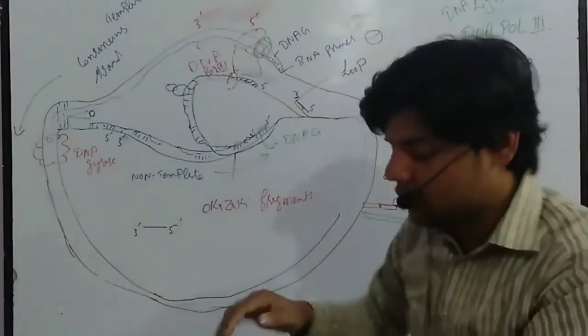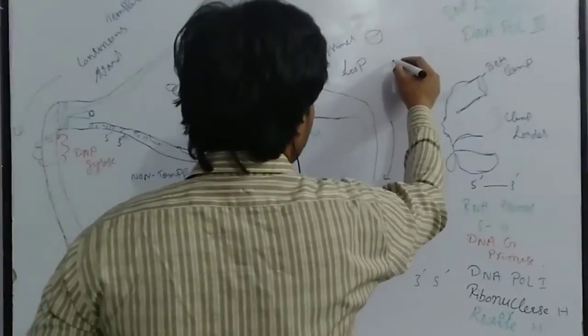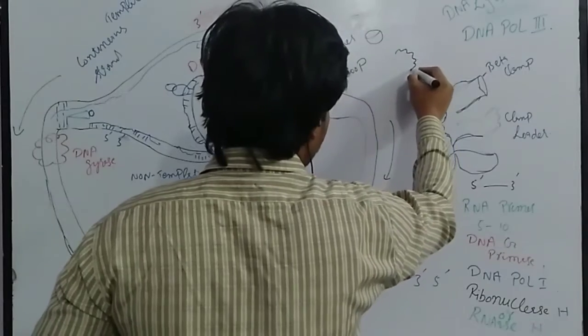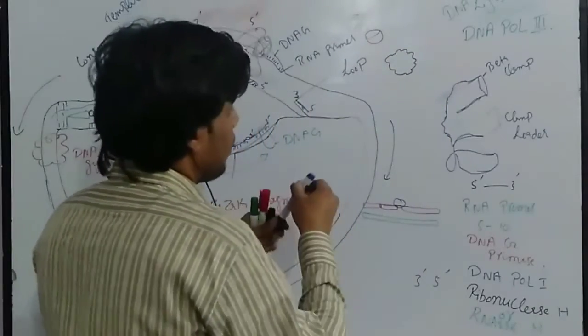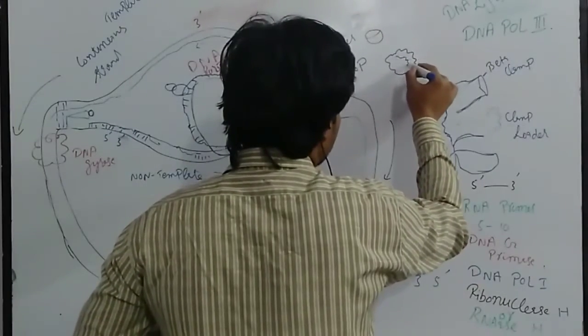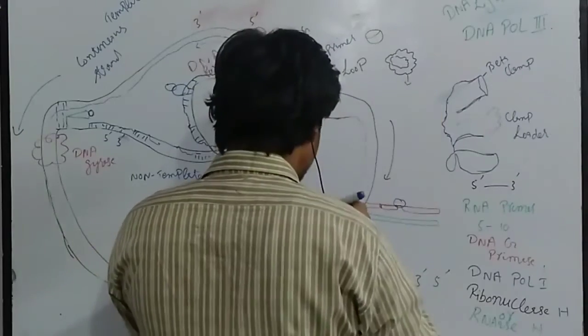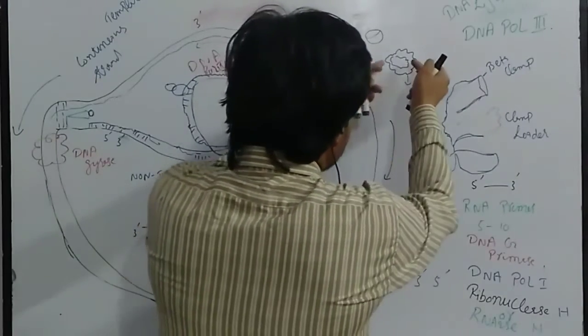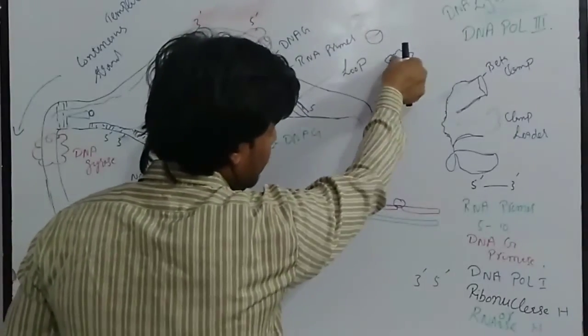just jump like that. So let's suppose this is the old strand. Whenever the new strands are formed, this is the new strand that is formed. So what happens after that? After that, this new strand will jump like that.